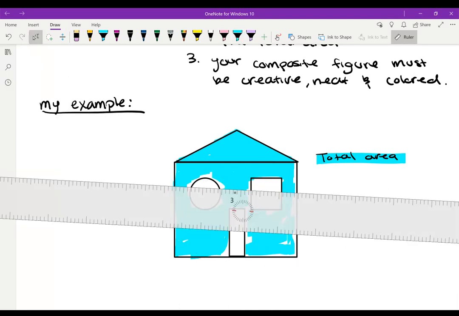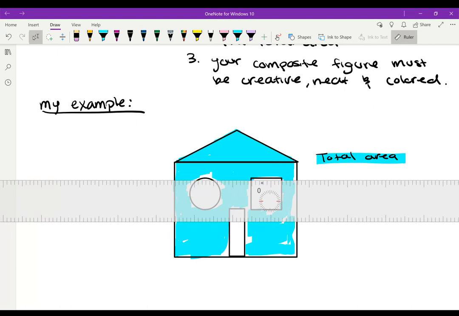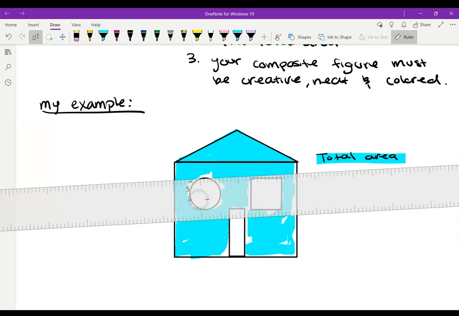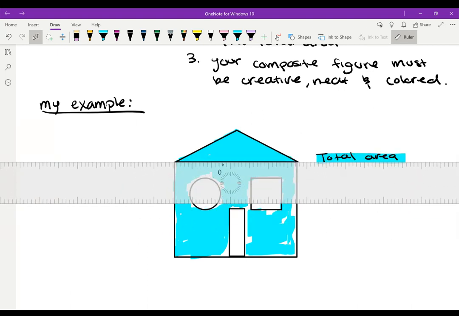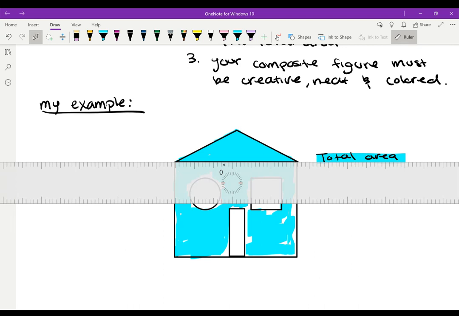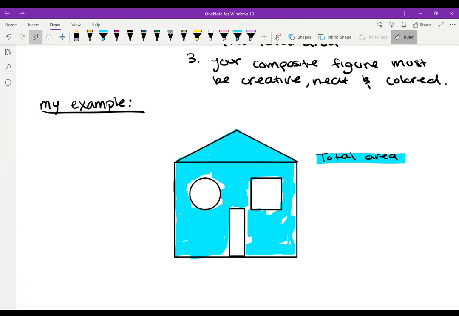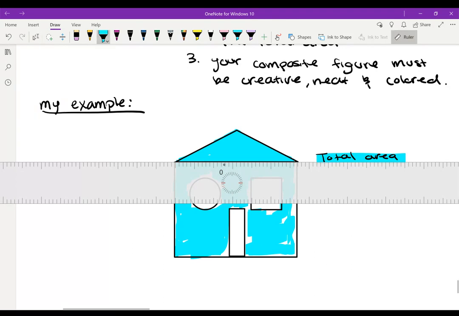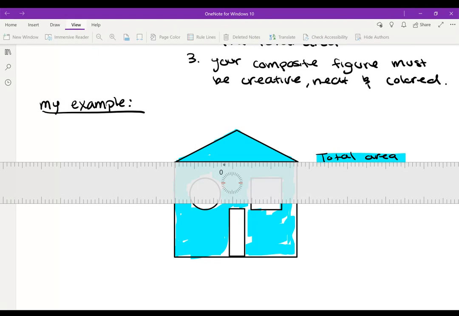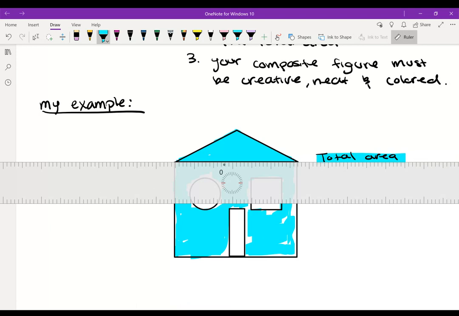So I'm wondering if I can change the ruler here. Let's see. I want my ruler to have the numbers on it, but I guess that's okay. I'll just count myself.